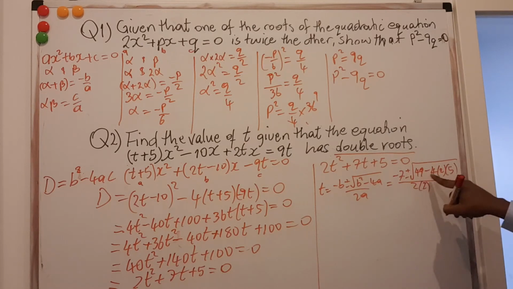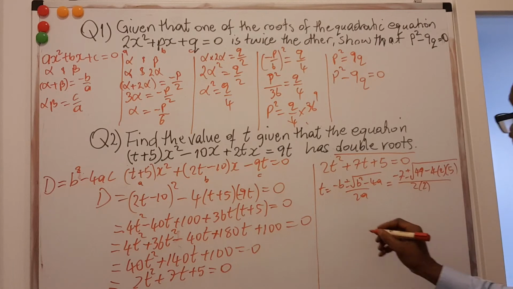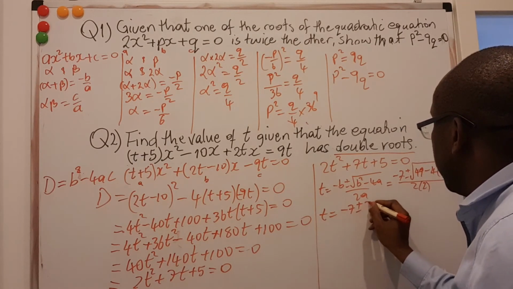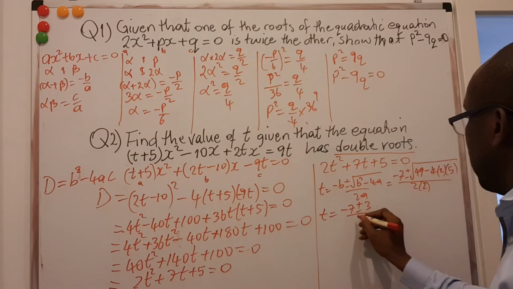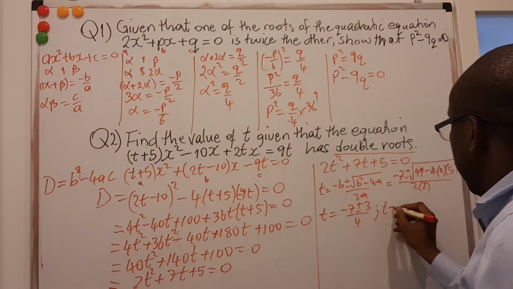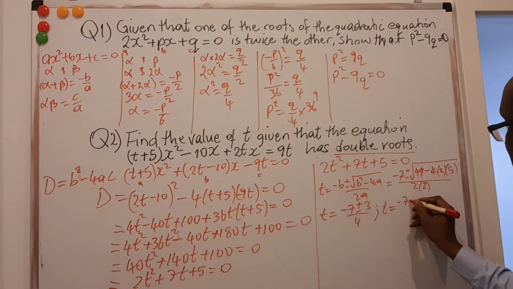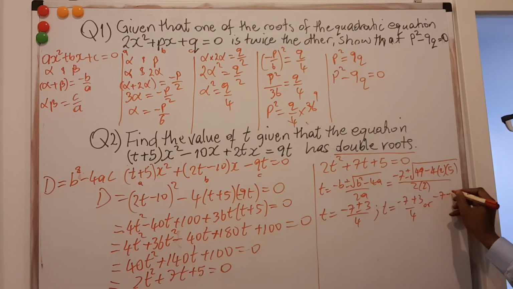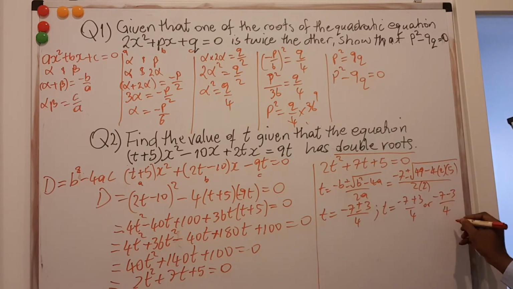So 49 minus 40 is 9. And the square root of 9 is 3, plus or minus. So my t will be equal to minus 7 plus or minus 3 divided by 2 times 2 is 4. So this means my t will be equal to minus 7 plus 3 on 4, or minus 7 minus 3 on 4.